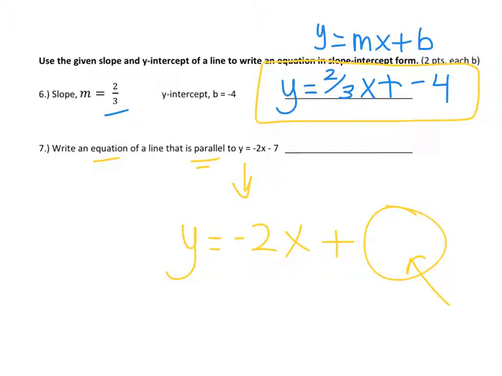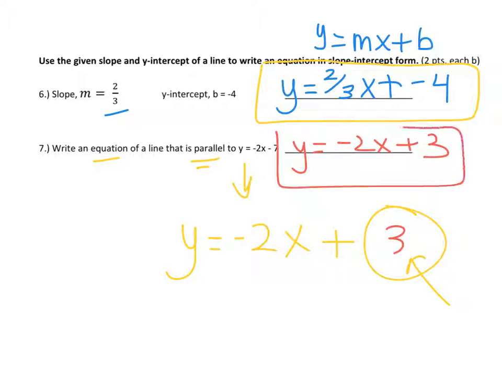I'm going to put in 3. Y equals -2x plus 3. That's the y-intercept will be your choice. So this could be 3, 4, 5, 7, 0, 1, -2, whatever you want it to be. It just cannot be the one that's given to you, which is -7.